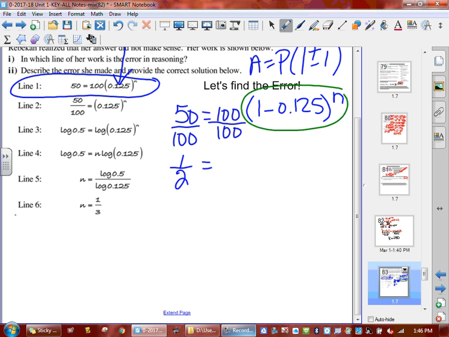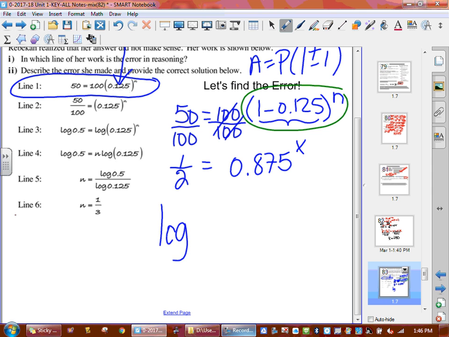And now you just switch to log form. So now we're going to go log, the base stays your base of this, 0.875, the 1/2 equals x. And that's all we've got to type in.